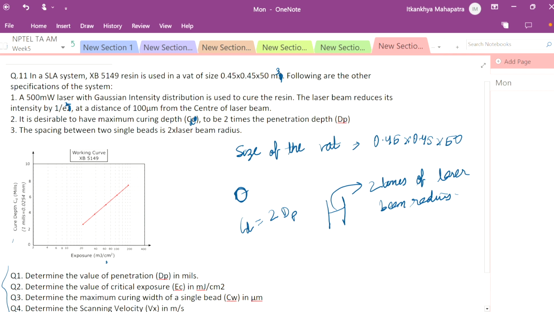Now vat means the container. Okay, so this is the graph of curing depth, and curing depth is in mils, where 1 mil, as it is written, is 0.0254 millimeter.